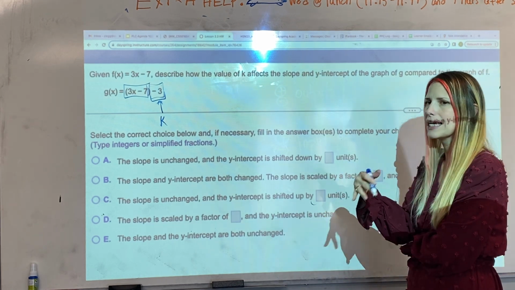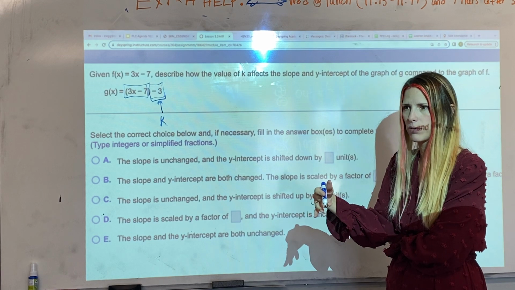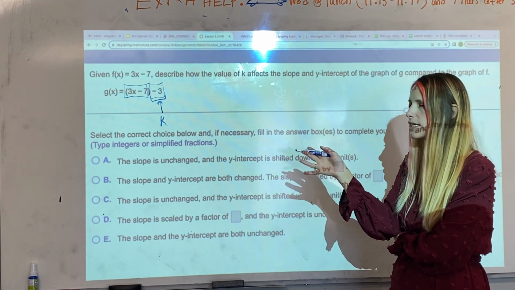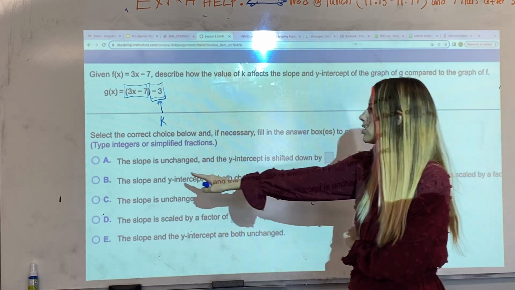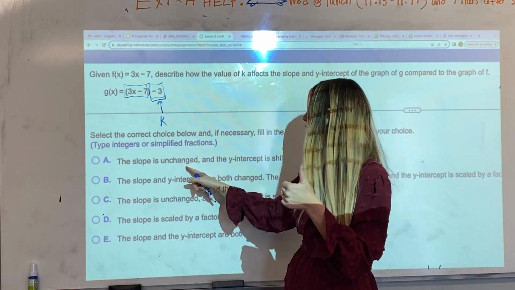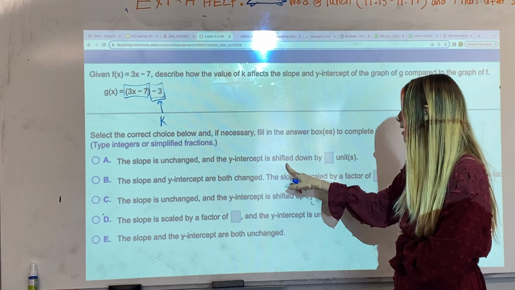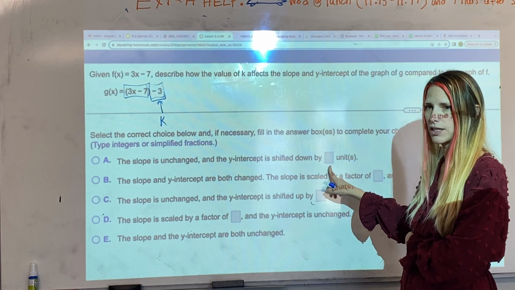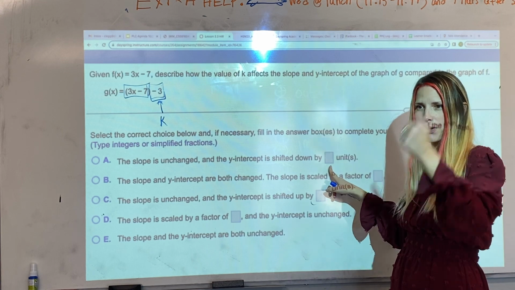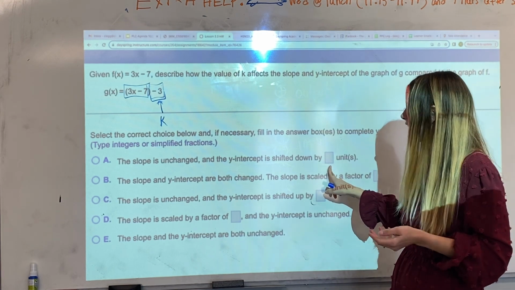Let me ask you a question. Does it affect the slope? No, it only affects the y-intercept. So the slope is unchanged, and the y-intercept is shifted down by 3 units. Does that sound like the right answer? Woohoo! We got it on the first try.